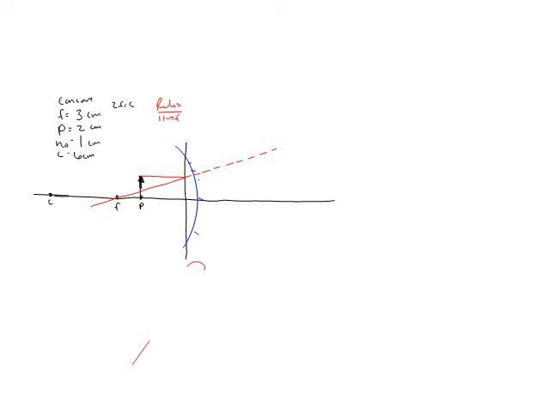What's the second rule? Through C. So line up the top of the object with C. Doesn't matter where C happens to be located. This time it just happens to be behind it.